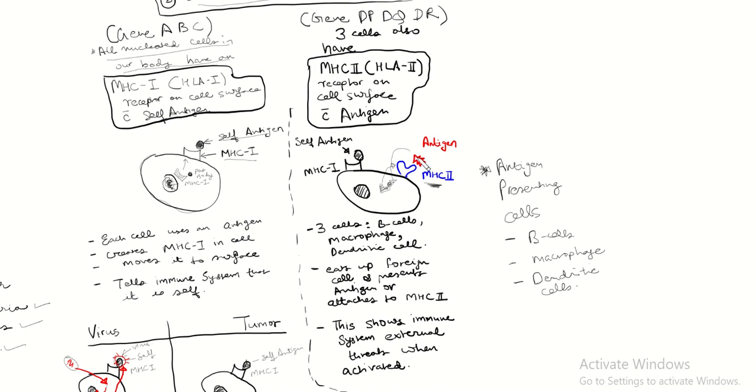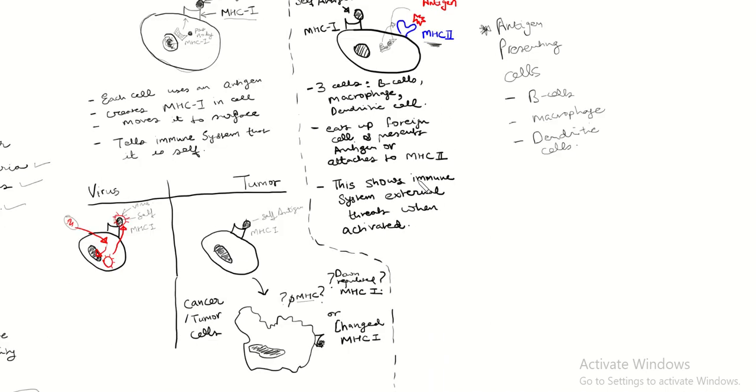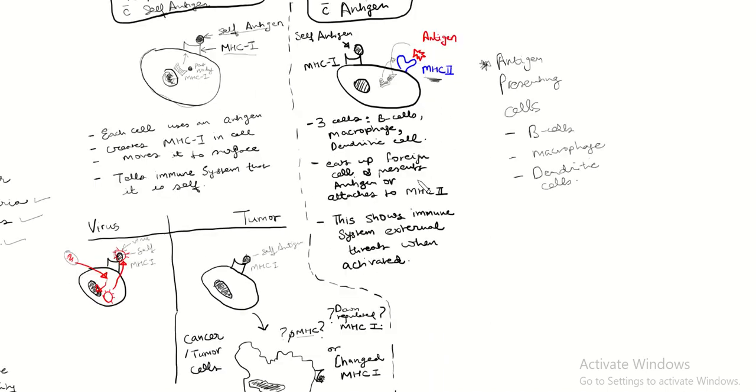When antigens come in, they create an MHC2 receptor on them with the antigen on top, and they present the antigen to a part of the immune system, and then that gets processed, and we'll talk a little bit more about it in the subsequent videos.